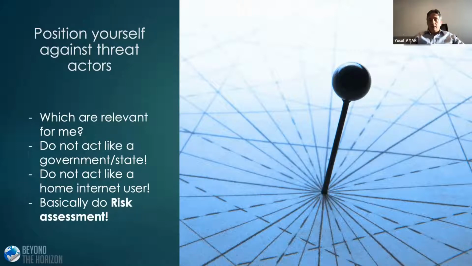We should not act like a basic home user, obviously. What we should do is we should basically do a risk assessment. After my speech, Thomas will cover the risk assessment in detail in the second part of the event, and he will give you more insight about risk assessment.